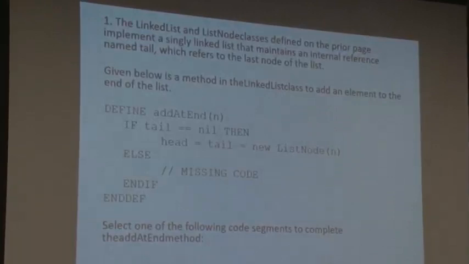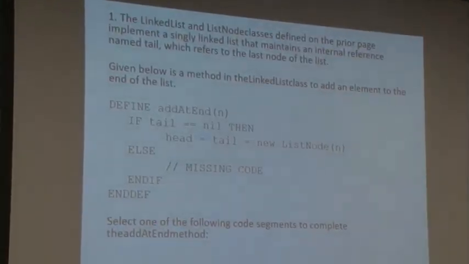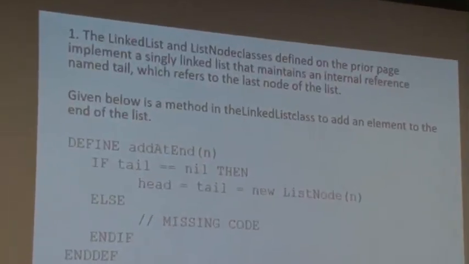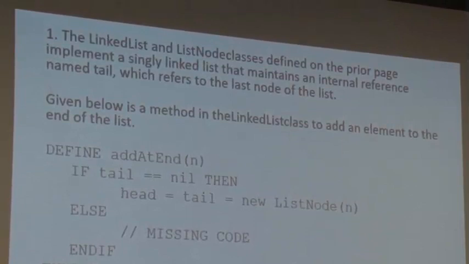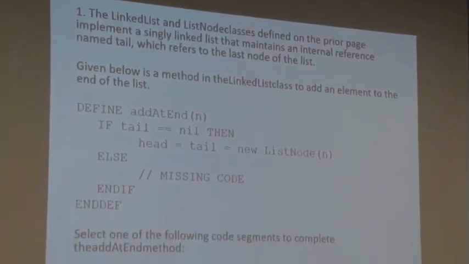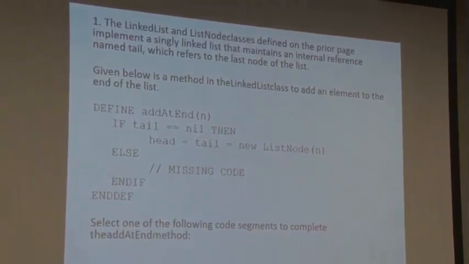Here we have a good example of what our pseudocode looks like. This is an abstraction from all of our languages, but it's pretty similar to what things look like in different programming languages. Here we have some front matter where we give them a linked list and linked node class.